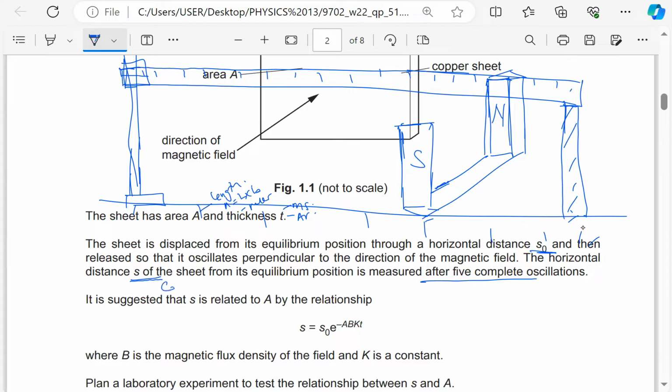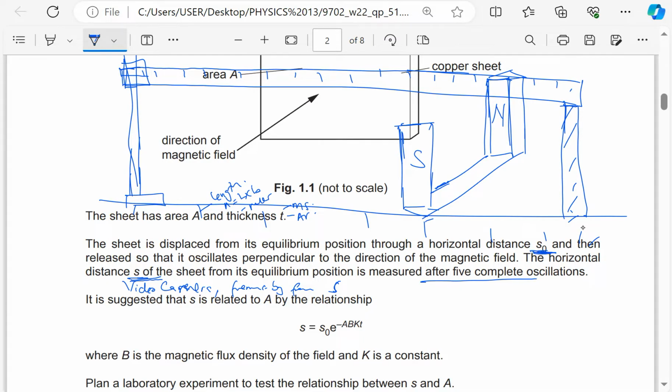I'll use a video camera so that I can play back frame by frame to be able to measure S. So S will be measured using a video camera where I'll record the experiment with the ruler in position, so that I view frame by frame to be able to record S.